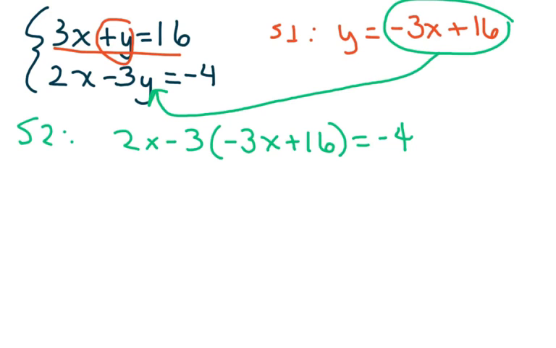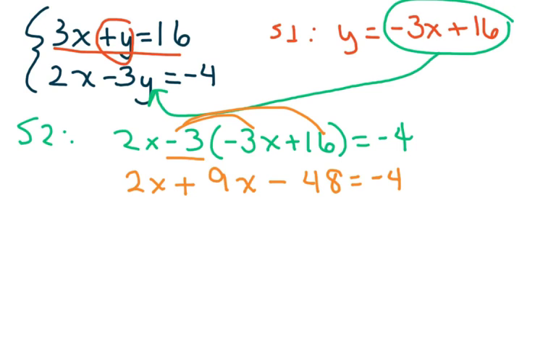So basically I'm going to copy down my 2x here. And I'm distributing a negative 3 here. So that's going to be positive 9x minus 48 equals negative 4. So just take away the 2x and treat this as a separate thing when you're doing it. Be careful there.